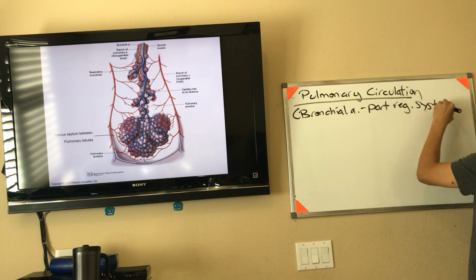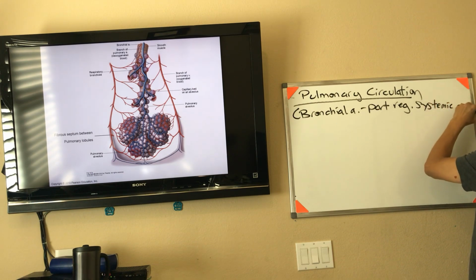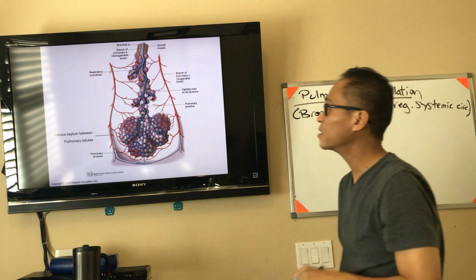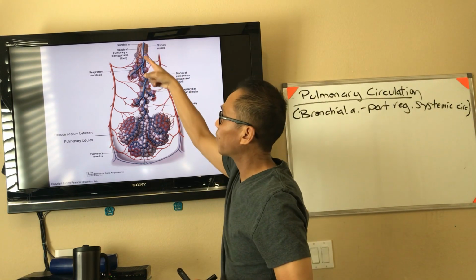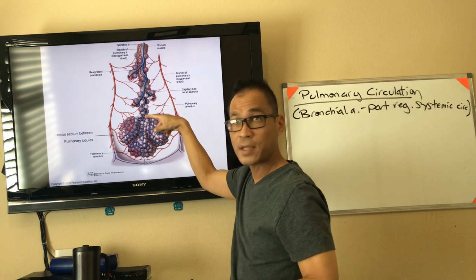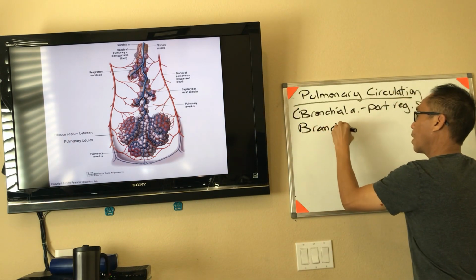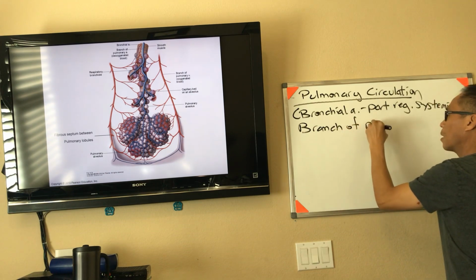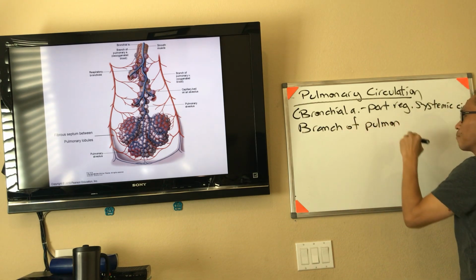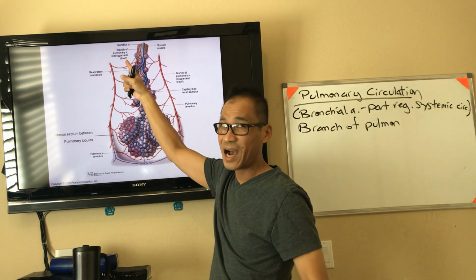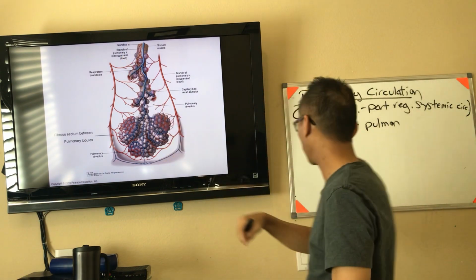So in parentheses, not a part of the pulmonary circulation. But what is? See the bronchial artery? The bronchial artery follows the airways. Branch of pulmonary arteries carrying deoxygenated blood. I think I said pulmonary the first time.